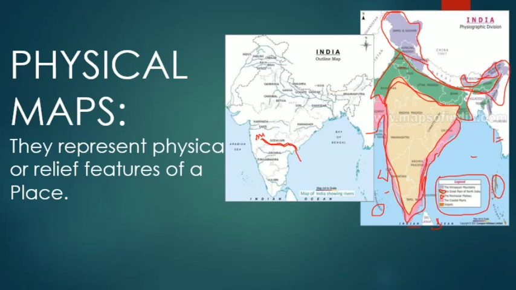And the next river you take, Krishna, originates from here and ends in the Bay of Bengal. Mahanadi originates here and drains into the Bay of Bengal. And see, the river Ganga originates from the Himalayan mountains. So this is the Ganga river. All these are tributaries.